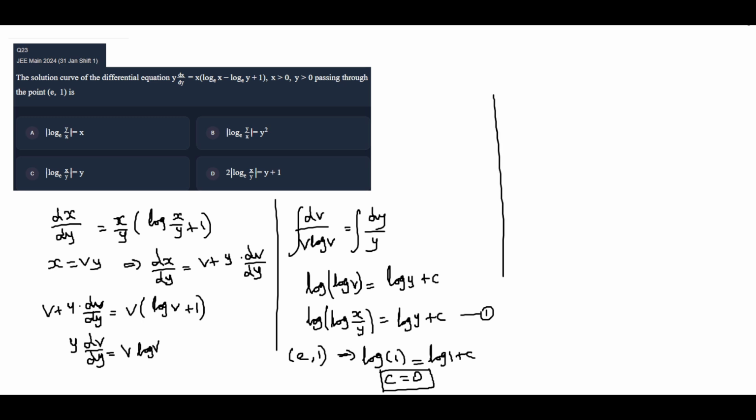So that equation 1 will be changing into log of log x by y equal to log y. Finally, taking exponential, the log will be cancelled, log of x by y equal to y. So option C.